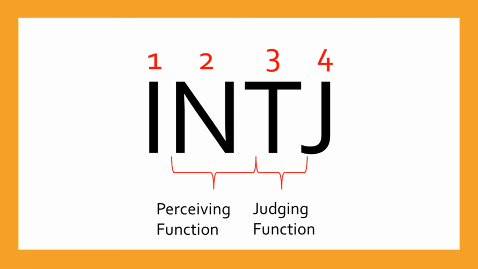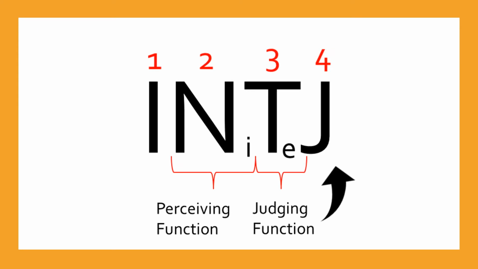Now I'm going to show you how to decode the cognitive functional attitudes that make up a personality type. For the INTJ personality type, the perceiving function is intuition represented by an N, and the judging function is thinking represented by a T. We can determine the attitude of each of the cognitive functions of a personality type simply by looking at the last letter.